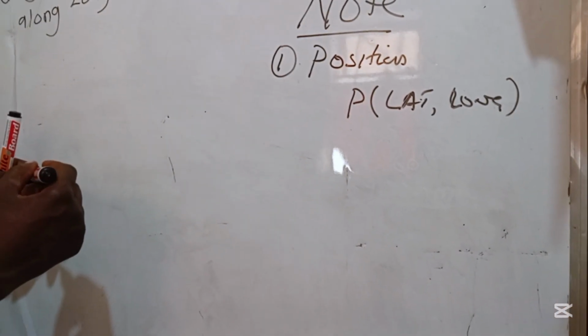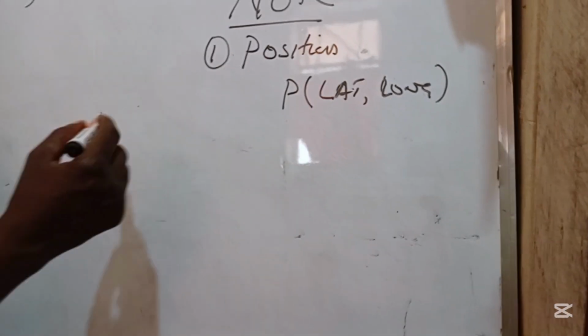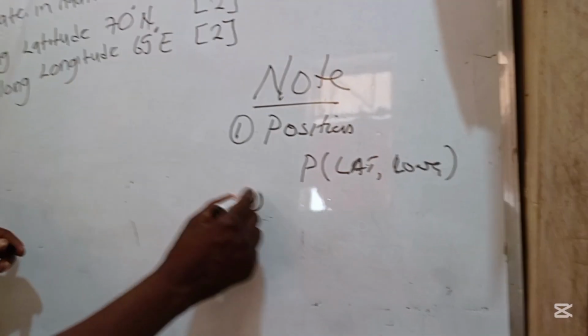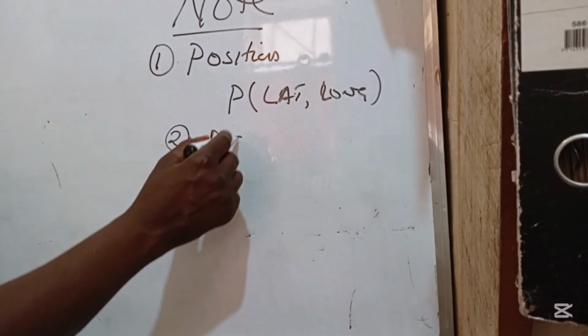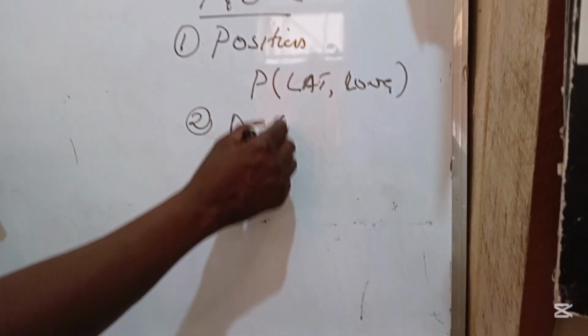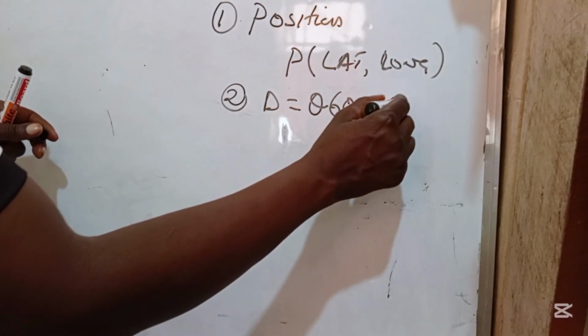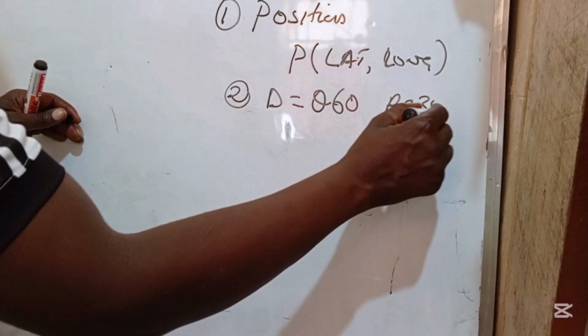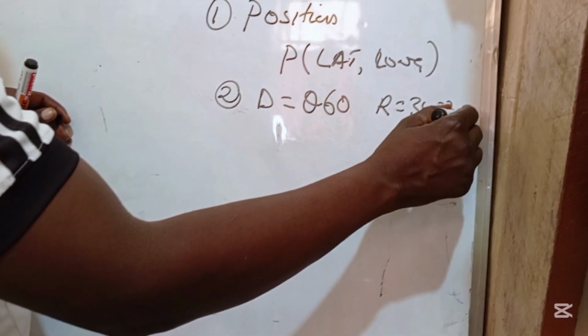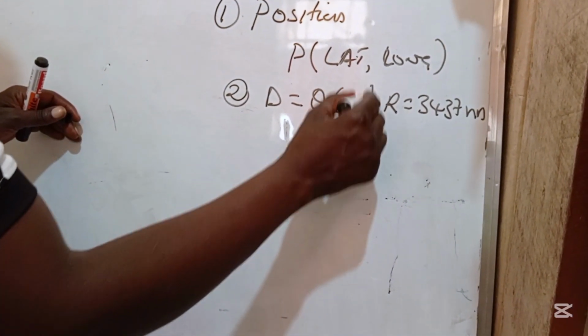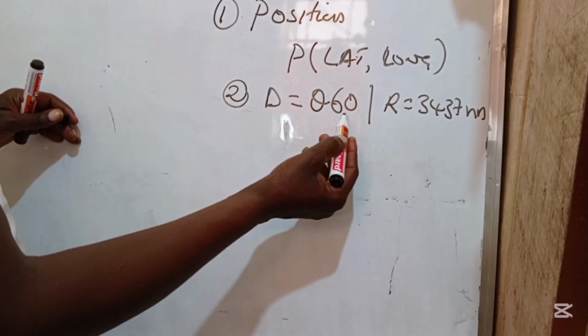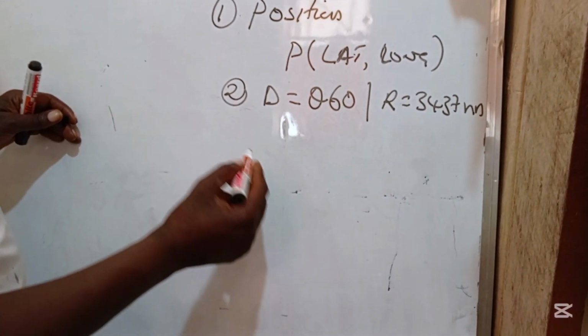What else are we supposed to remember? Distance along the longitude is always theta times 60 when R is equal to 3437 nautical miles. Please remember that this is the formula when R is in nautical miles.